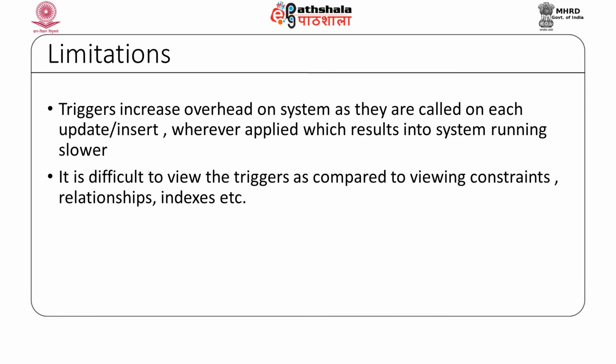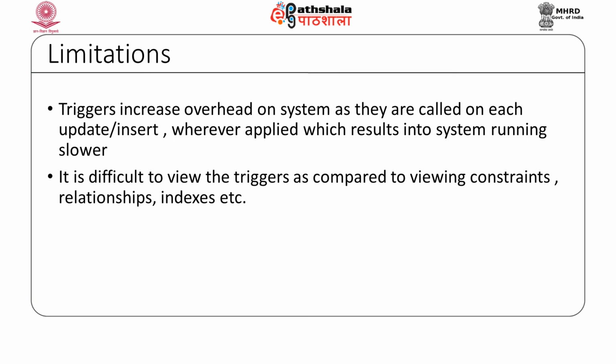Now, apart from the advantages of triggers, there are also certain limitations, very few limitations. So, let us have a look at a few limitations of triggers. If many triggers are used, they will increase overhead on the system. Many triggers will make your system slow.